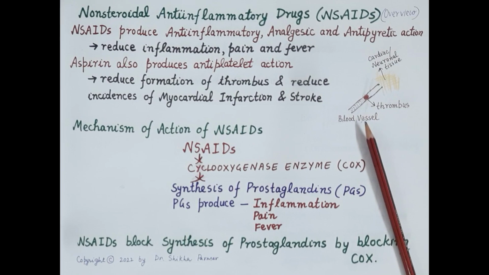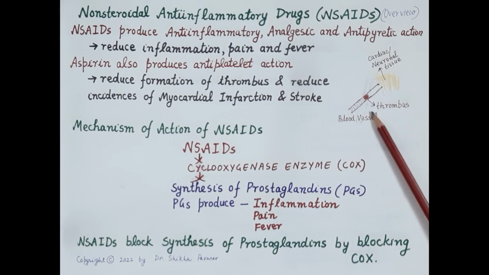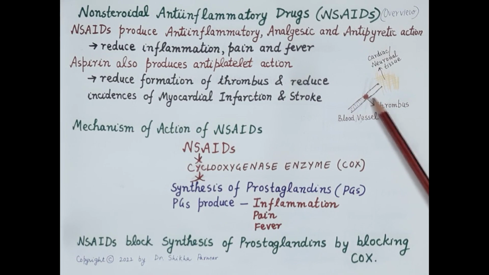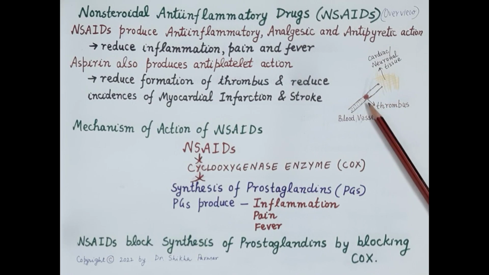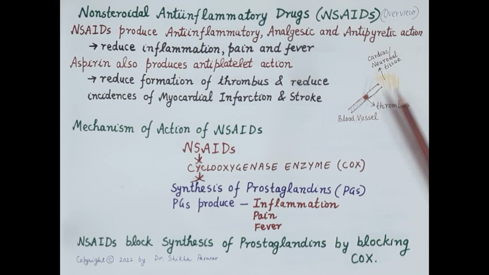This is a figure of a blood vessel. Now, thrombus, as we know, can block the blood vessel, and blockage of the blood vessel will either reduce or completely block the supply of blood to the tissues. So this thrombus can reduce the supply of blood to the wall of the heart, or for example to the neurons, causing fatal diseases like myocardial infarction or stroke.